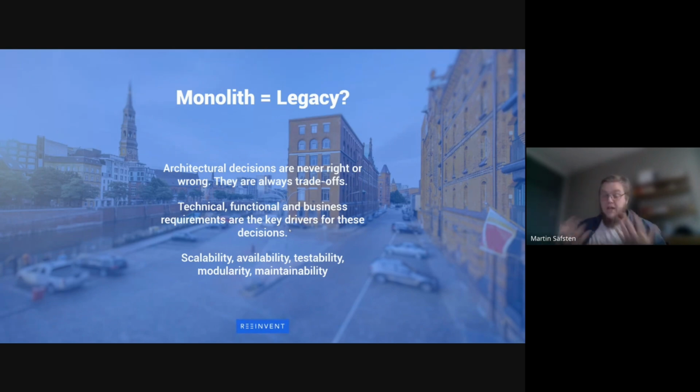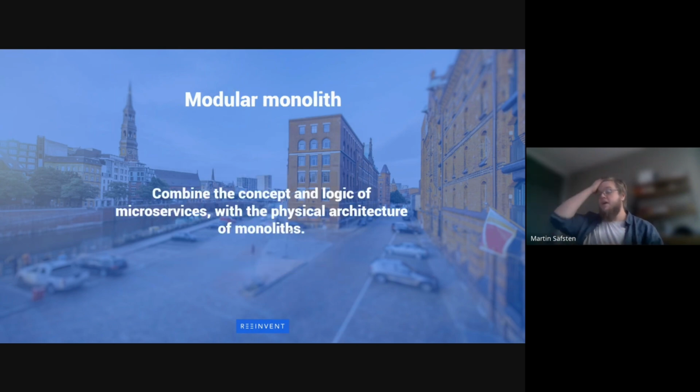And you have technical concerns, you have languages, and functional concerns. All of those should decide which architecture. You shouldn't select microservices just because it's the new thing. You should do it because it's the right choice given the requirements.